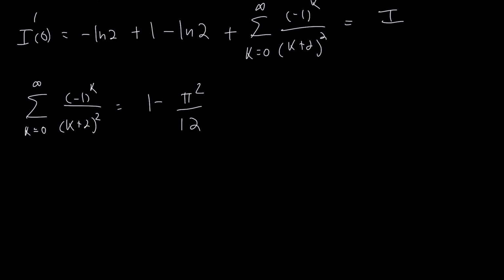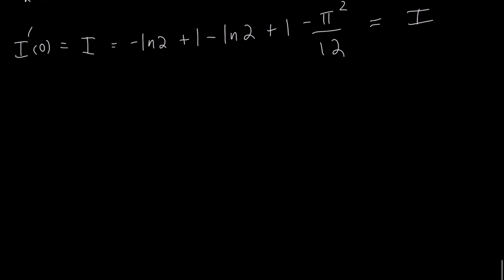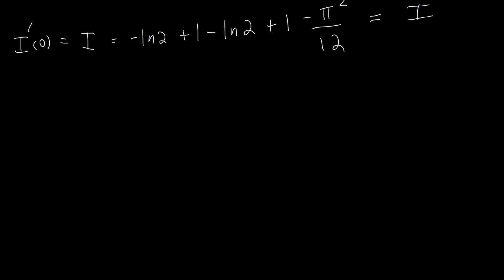So using these values, we have that I prime of 0, which is the integral, is -log 2 plus 1 minus log 2, and then plus 1, and then minus pi squared over 12. Now all we have to do is combine like terms.